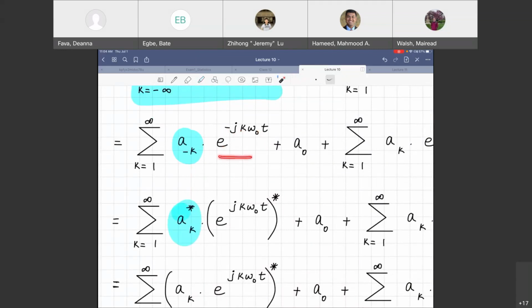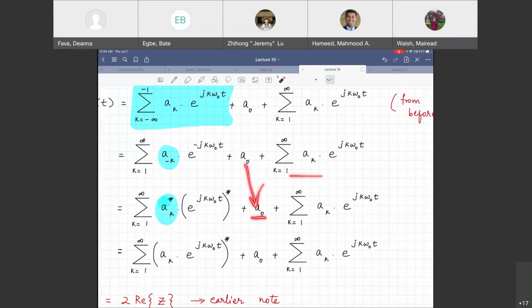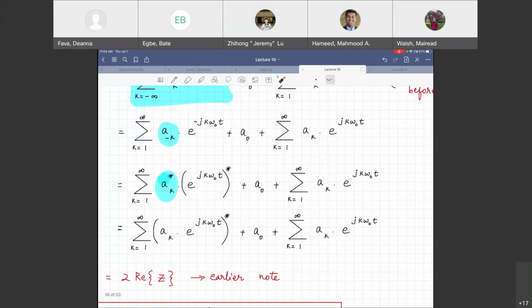How about this? E to the minus jk omega naught t can be written as e to the jk omega naught t conjugate. The remaining two remain as is. A sub 0 carries over, this summation carries over. Further, ak conjugate multiplied by e to the jk omega naught t conjugate. Conjugate of one number multiplied by conjugate of another number is the same as multiplying the two complex numbers first and taking the conjugate. So ak e to the jk omega naught t conjugate there, a0 there, the other summation over there.